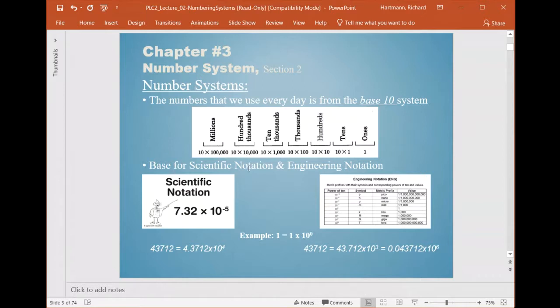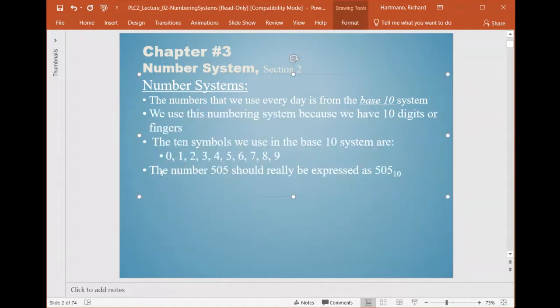We don't normally think about it, but if we come back to this 505 number, what we're really saying is that we have 5 times 100 plus 0 times 10 plus 5 times 1, which of course gives us 505.